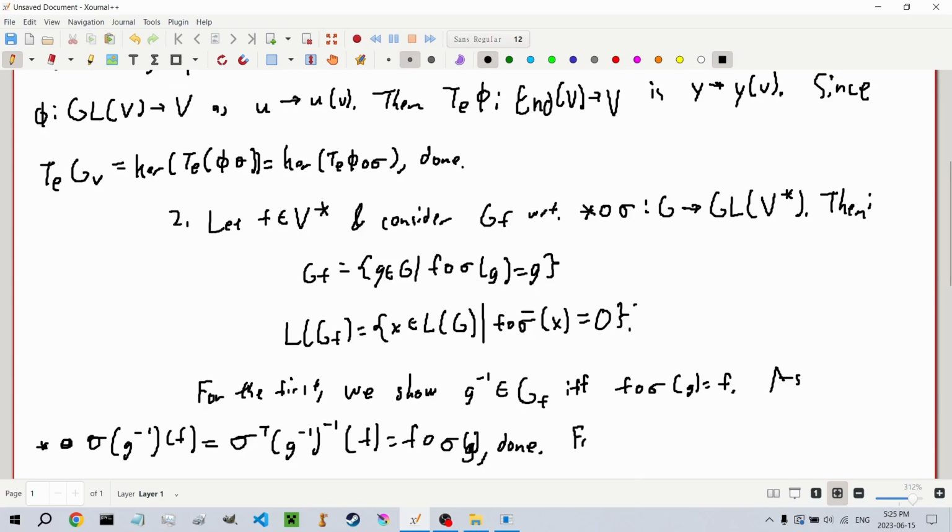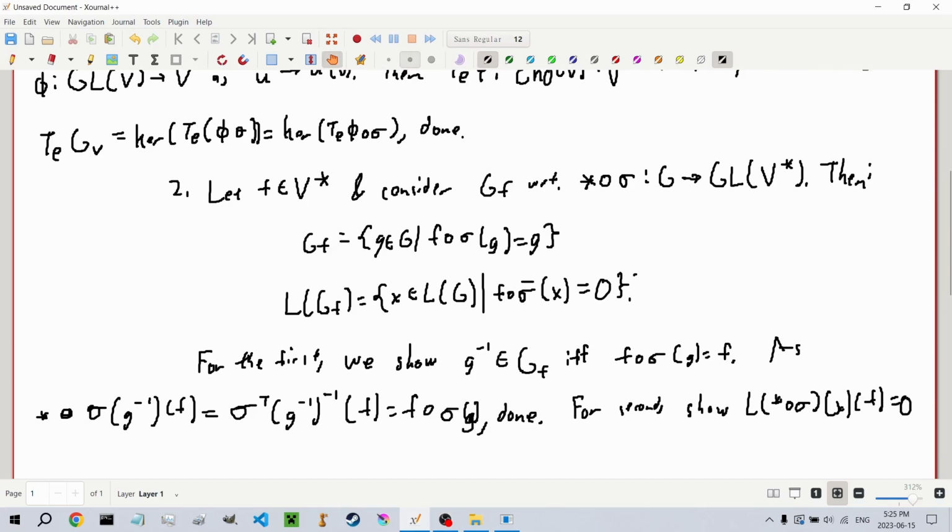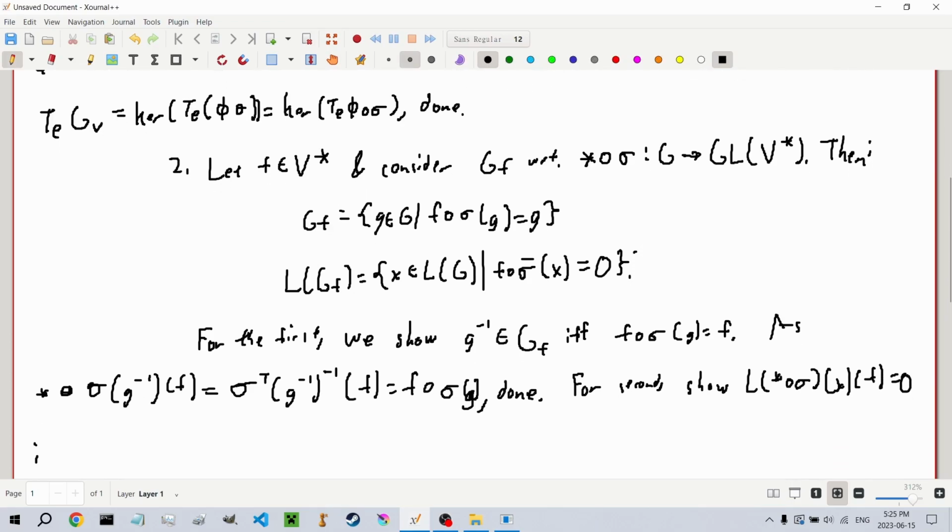And for the second, we show that L of star on sigma of x on phi is 0 if and only if f composed with sigma bar of x is 0.